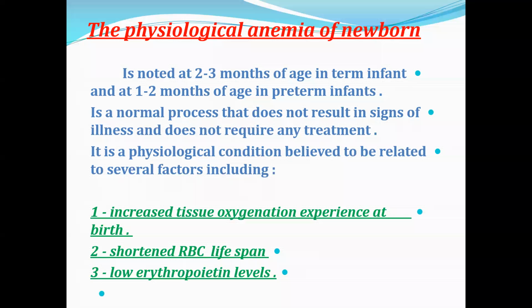Physiological anemia is noted at 2 to 3 months of age in the term and at 2 months of age in the preterm.